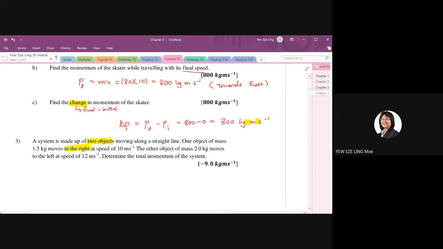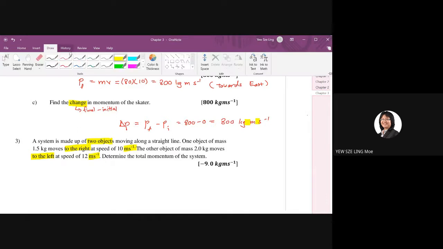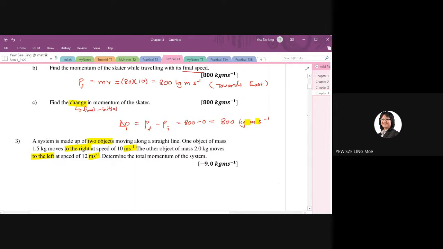The other object of mass 2 kg is moving to the left. Now you have two objects moving towards different directions. And if you notice, the unit given is in ms negative 1. So what does it mean by this ms negative 1? Now in exam or in a question, in any test, if there's no space between m and s, then this m carries the meaning milli.